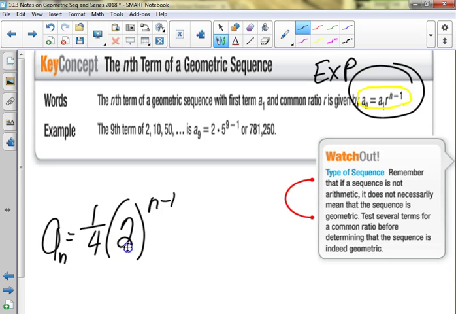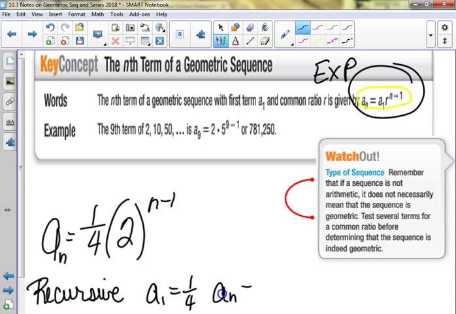Okay. Can you write that as a recursive though? Anyone remember how that goes? You have to list the first term, which was 1/4. Then a sub n is a sub n minus 1 times whatever the ratio is, right?